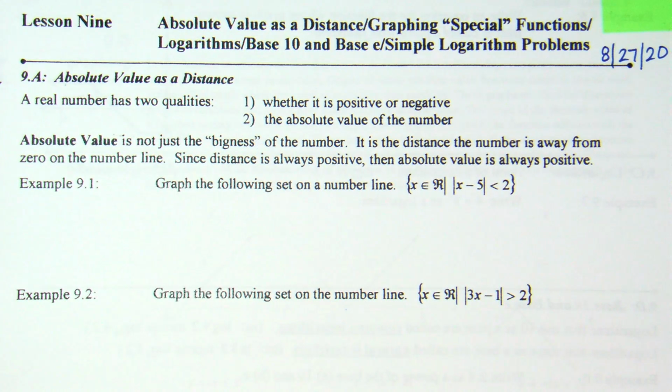Now, we're going to look at example 1 and 2 here. And we're talking about graphing this set of numbers on a number line. There's a couple of different ways we can think about graphing it. One of which is to work it out and solve it. And ironically enough, I was just teaching this in Algebra 2.